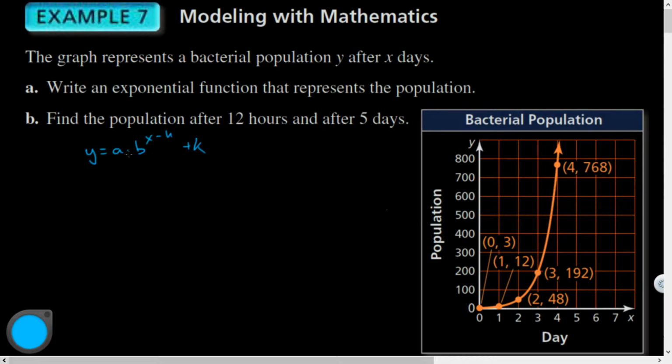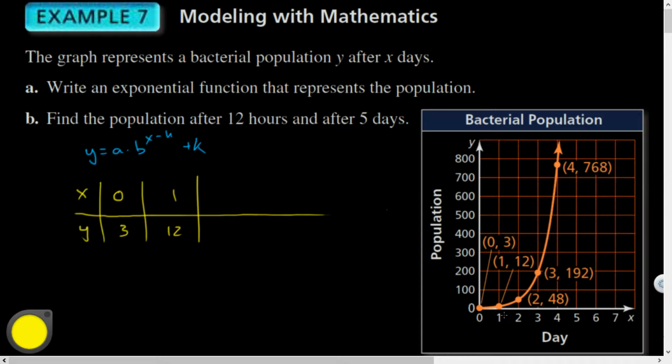So the first thing we should figure out is the b value and figure out what multiple these are going up by for each of their corresponding intervals. One of the ways you could do that is with a table, and that might be helpful. Let's just compare x's and y's, table style, and then I'll show you how you also could have read that off the graph. The first point I had was 0, 3, so I'll write a 0 and a 3. Then I had 1 and 12.